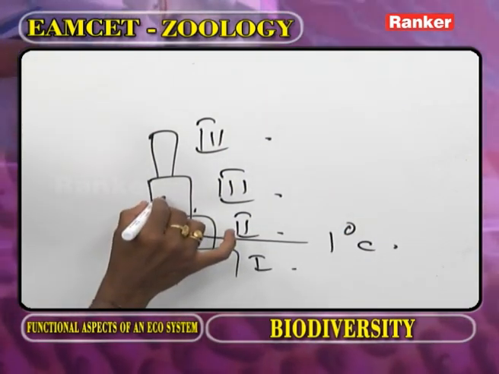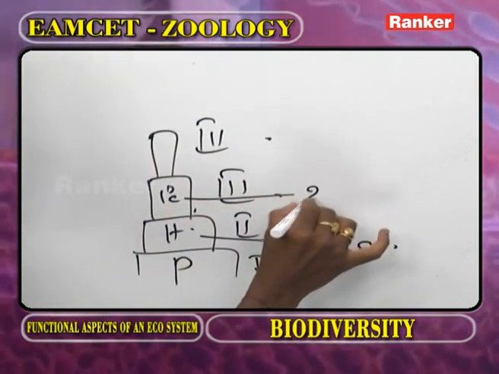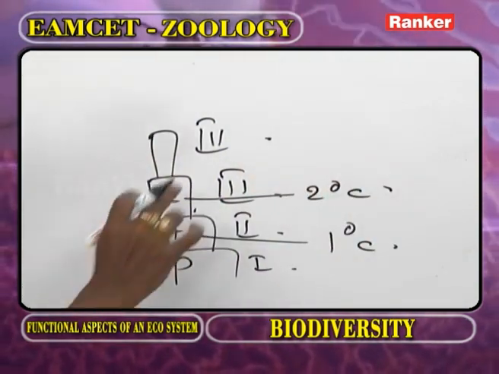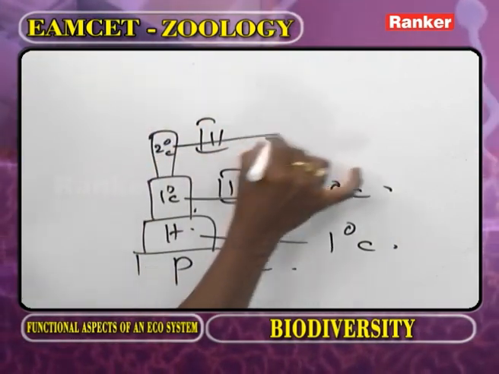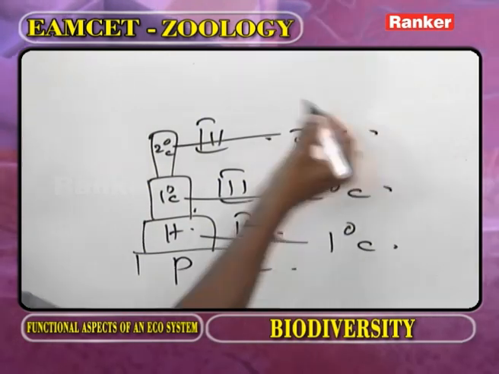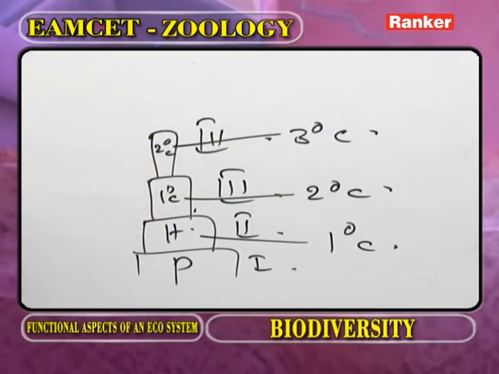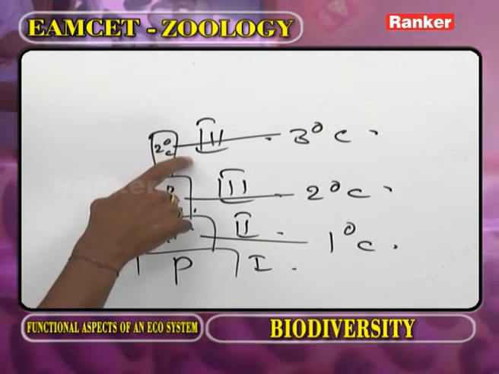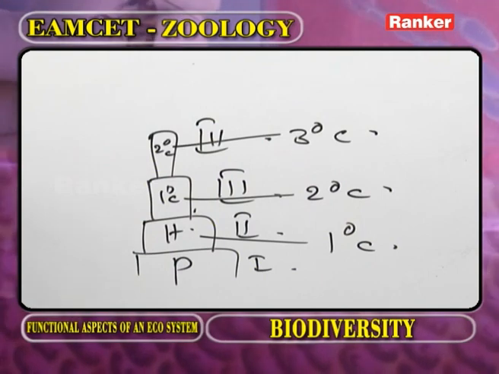The third trophic level is occupied by the primary carnivores, also called secondary consumers. The fourth trophic level is occupied by the tertiary consumers. In a food chain, the tertiary consumer is also called the secondary carnivore.